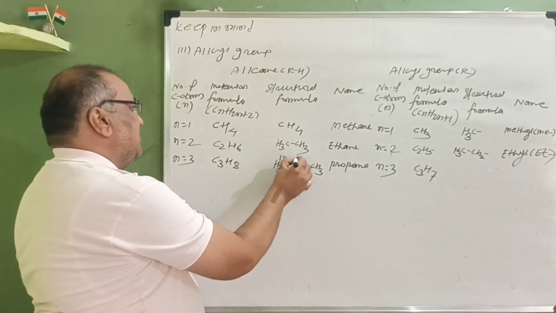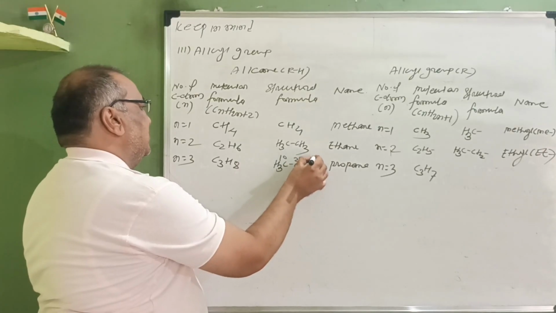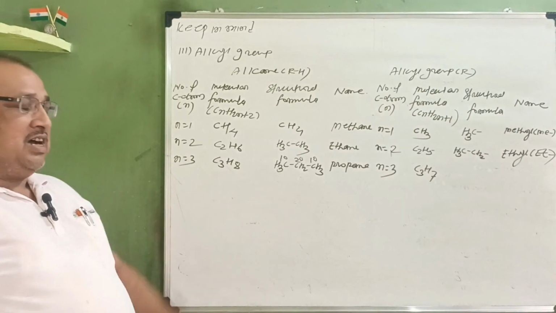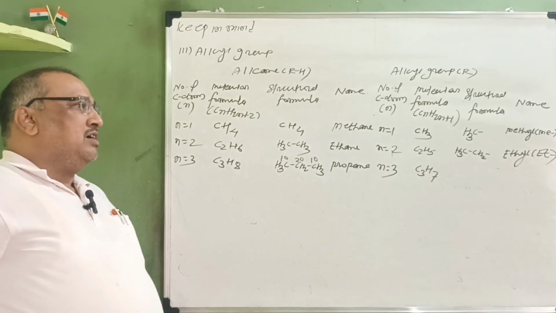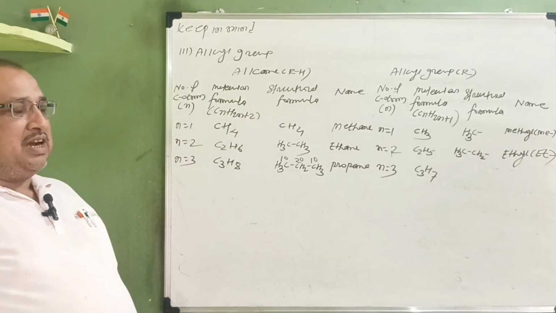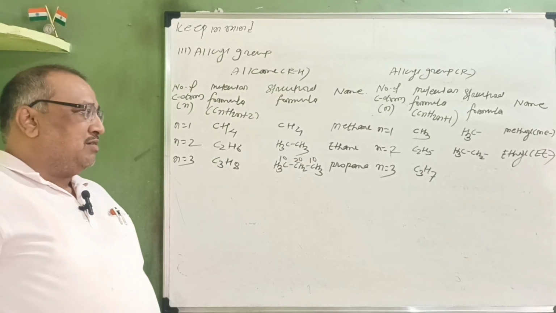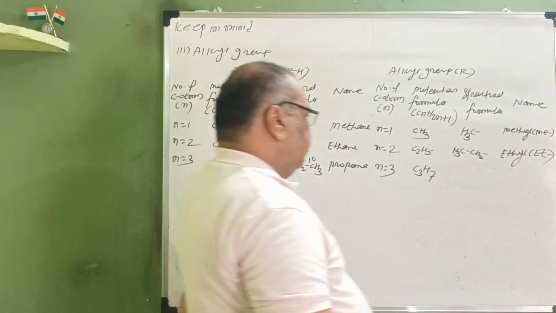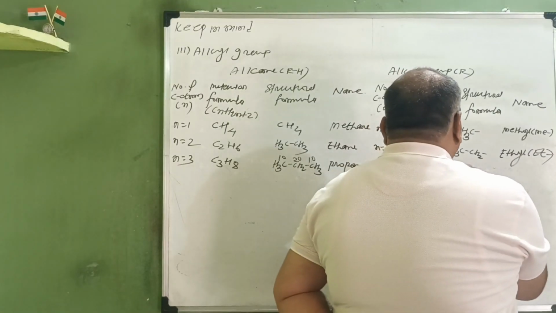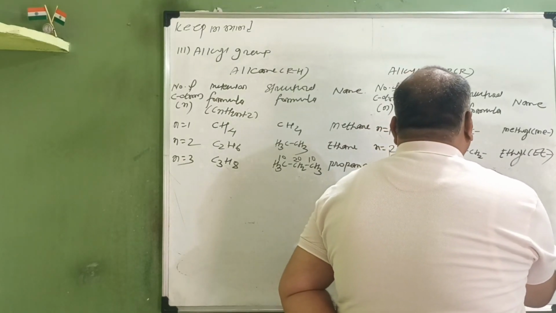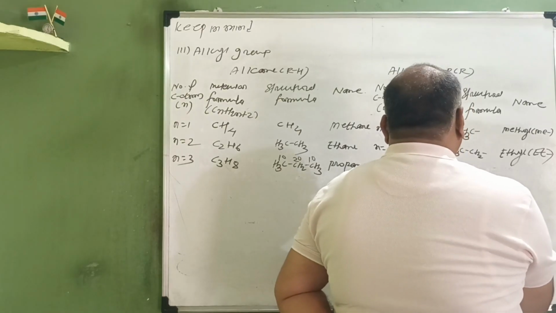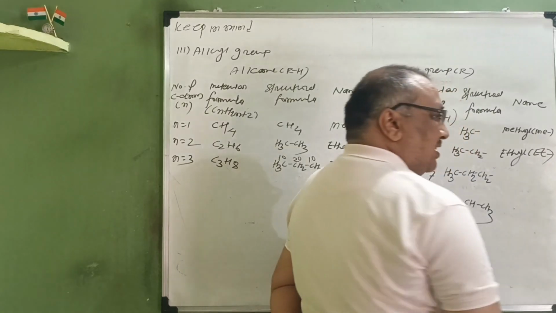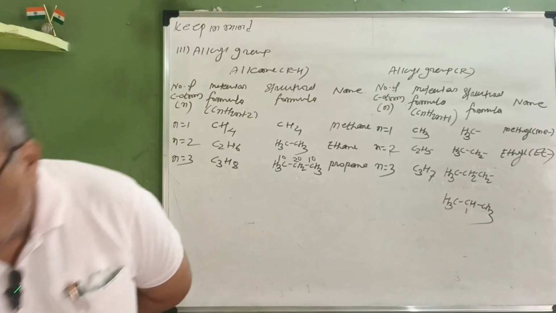This is primary, this is secondary, and this is primary. Here there are two choices to remove the hydrogen atom from primary carbon or secondary carbon. That means this propane forms two alkyl groups. First remove the hydrogen atom from primary carbon and then remove the hydrogen atom from secondary carbon.